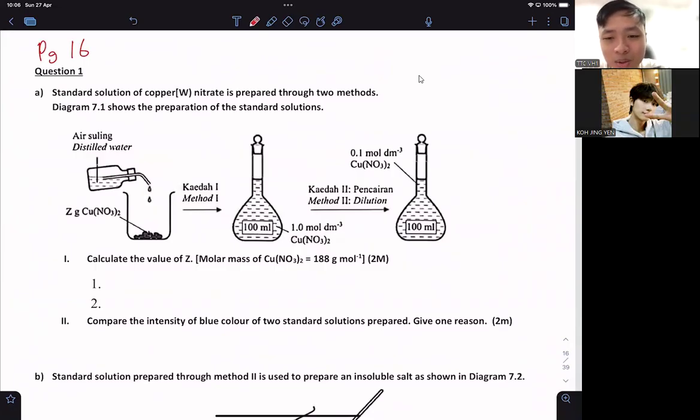So we do the front part first, acid and alkali. Then I teach you in more detail about the short part. Okay. So standard solution. Remember, this is the subtopic of 6.6.